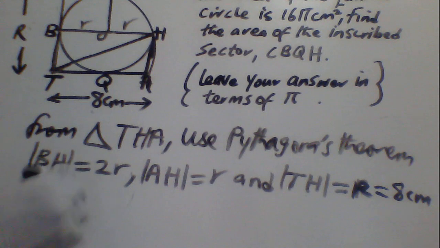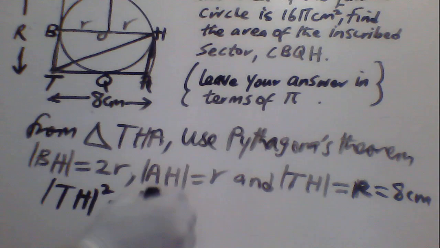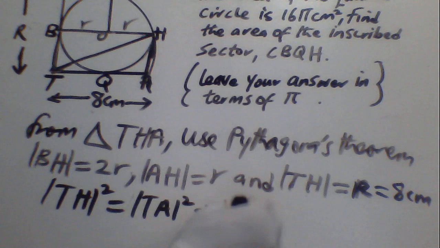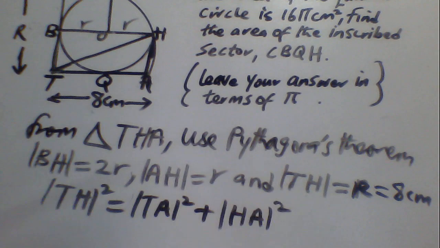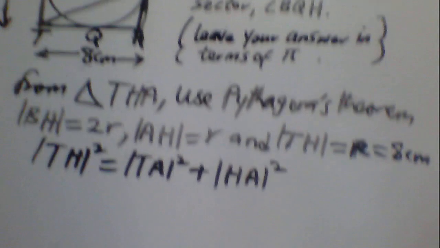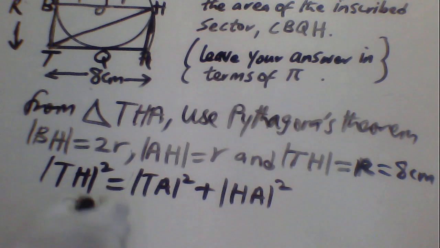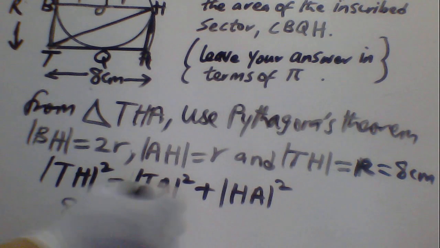This gives us that TH squared is equal to TA squared plus HA squared. So we can now substitute the values to solve for r.